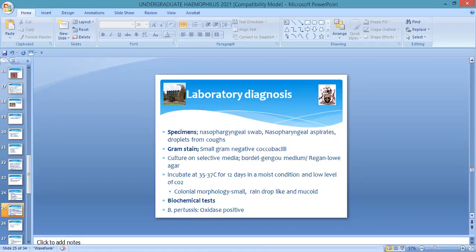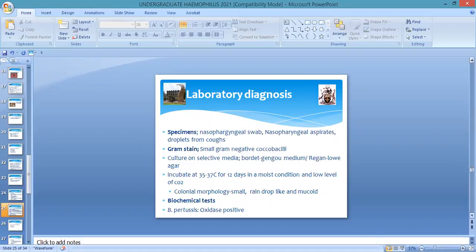Incubation is usually within 12 days at 37 degrees. So they take up to 2 weeks for them to grow. So it's also a slow grower. And that's why the majority of diagnostic labs would not consider culture because of that length of culture.